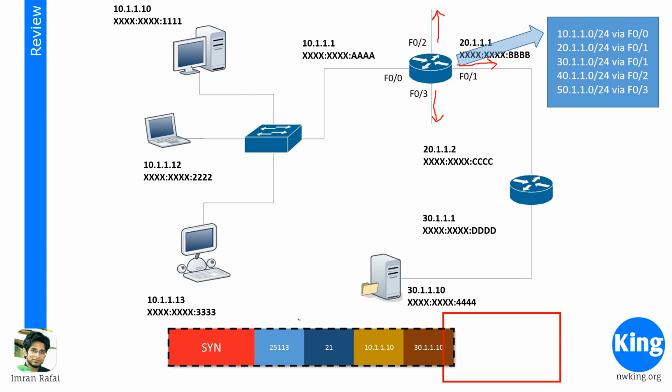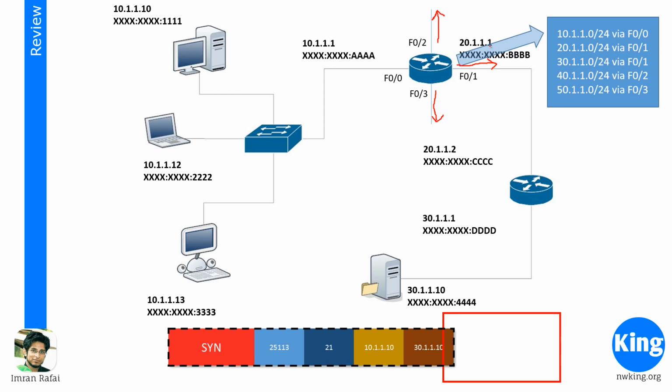Whenever any port is connected, like in this case, F0/0 is configured with the IP address 10.1.1.1. That means it is connected to the 10.1.1.0/24 network.